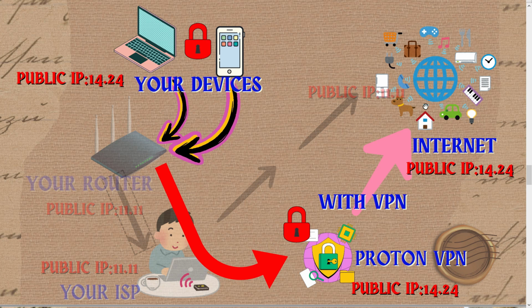It will go to Twitter servers, get a response, and send it as a packet to Proton VPN, which encrypts it again, such that your ISP will not even know what that packet contains, all the way to your router and onto your device.